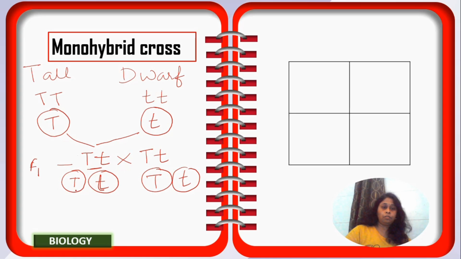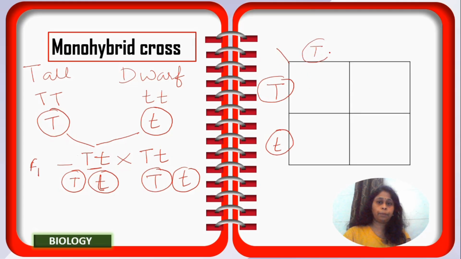Now from here we need to do the crossing, that is, this is a Punnett square. I have already made a table of 4. Why? Because these are the 4 gametes, right? So capital T I will write here, then small t here, because this is male, this is female. Then capital T and small t.